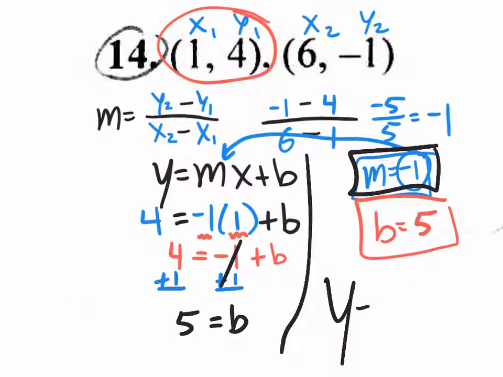So I have y equals mx, negative 1x, plus b when the b happens to be 5. Now on a multiple choice test, you probably won't even see the negative 1, you just see negative x. So y equals negative x plus 5. And that's it.